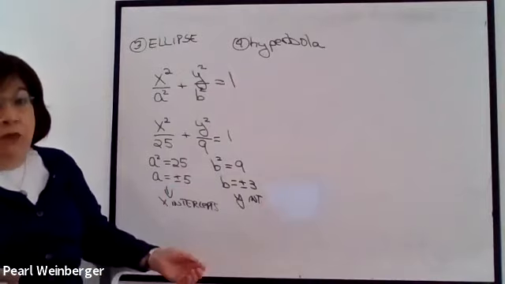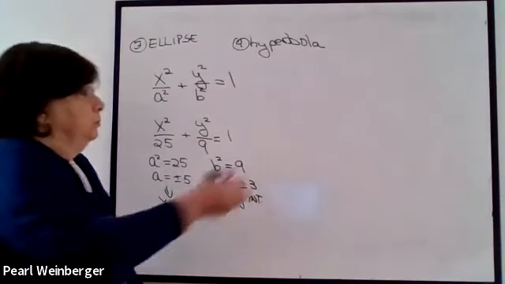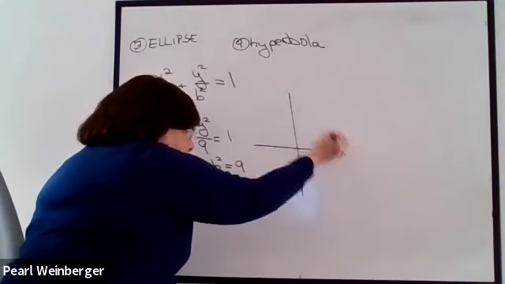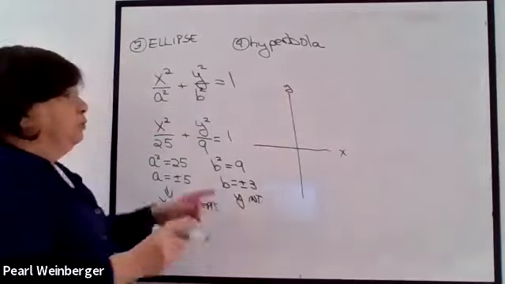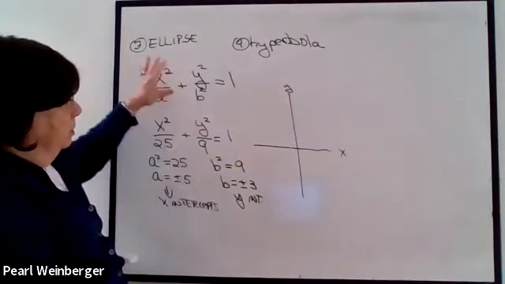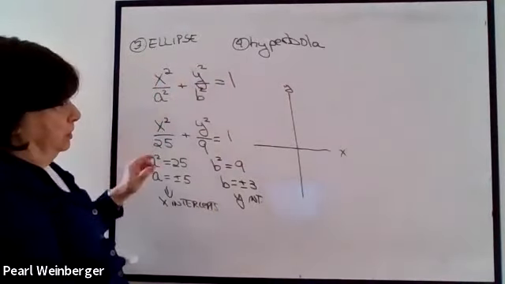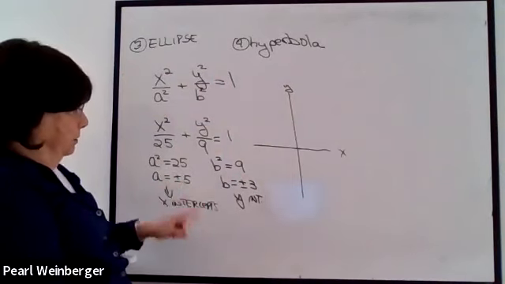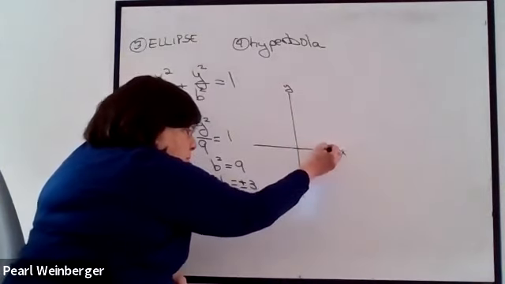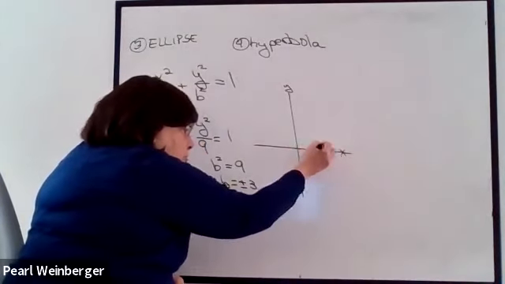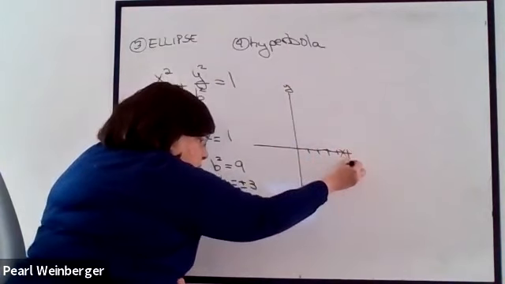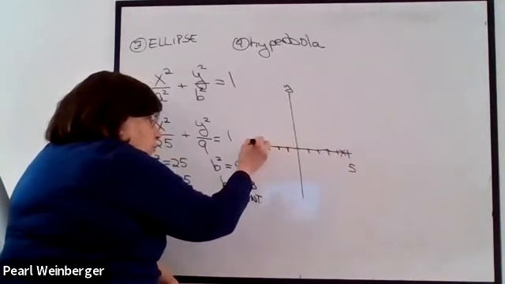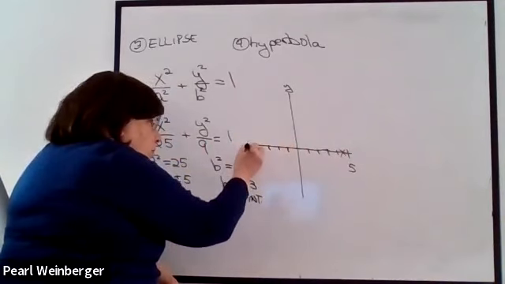So if I went to graph this, remember, I'm telling you my ellipse is centered at the origin. The only ones we're dealing with are those that are centered at the origin. What do I do? I go to my x-intercepts. So here's 1, 2, 3, 4, 5, and -1, -2, -3, -4, -5.